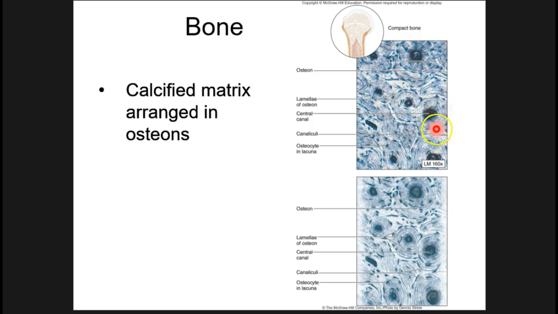So within the rings, we have these black dots now. This is not stained, so they don't look purple, they look black. Each one of these little dots right here, that's an osteocyte within a lacuna. So you're looking within the circumferential rings for those black spots. Those are osteocytes within lacuna now.